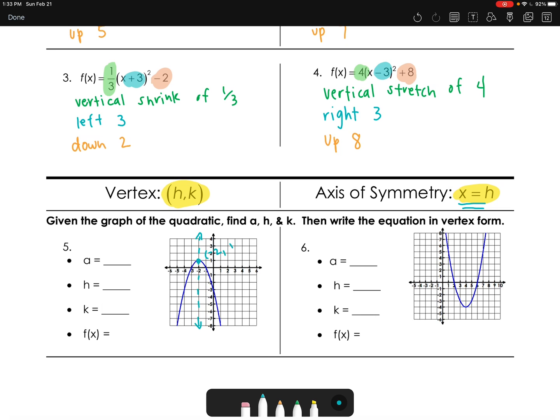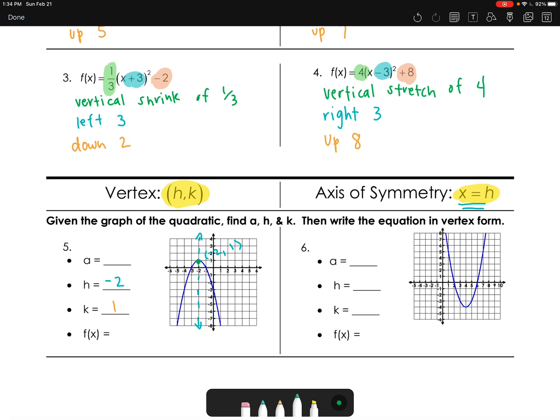First thing we want to do is find our vertex. Our vertex is at -2, 1. That means my h value, my x value, is -2. My k value is 1. Okay, and then finding what a is. To find a, you want to start at your vertex and move to the right.